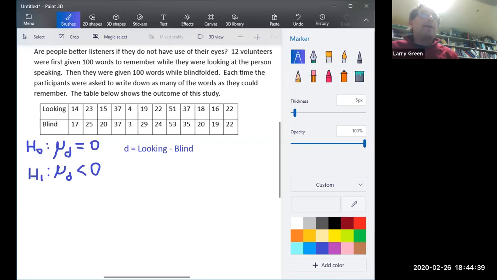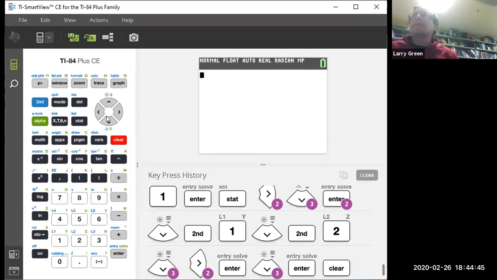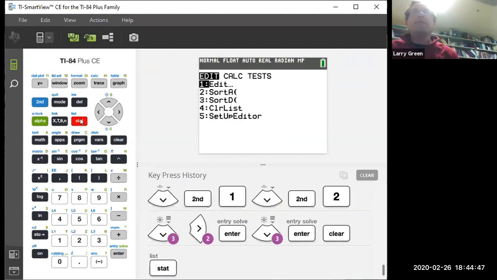Okay, now I'm going to go to my calculator. And let's clear what we have. How would you know what to subtract first? You get to choose, but traditionally you do L1 minus L2. So first minus second.